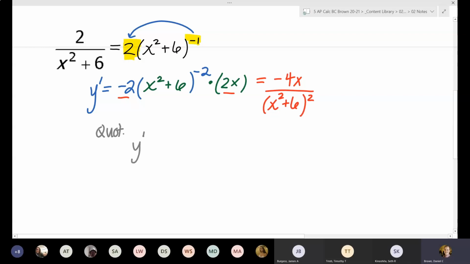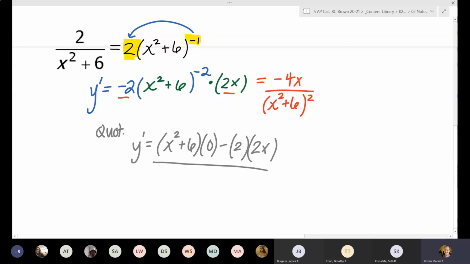So for my derivative, I have low d high less high d low. Draw my line, and down below, the bottom squared will go, and simplifying this, we still end up with -4x over (x squared plus 6) squared.